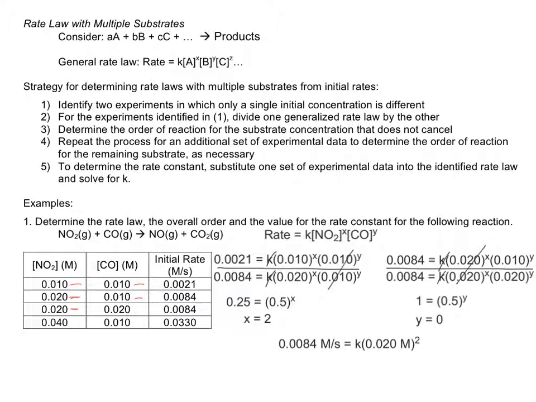Now divide both sides by 0.020 molar squared, and you get K is equal to 21 molar to the minus 1 times second to the minus 1. Okay, so our rate law is going to be rate equal to 21 molar to the minus 1 second to the minus 1 times the concentration of NO2 squared.